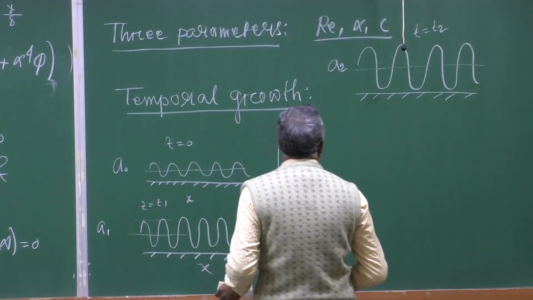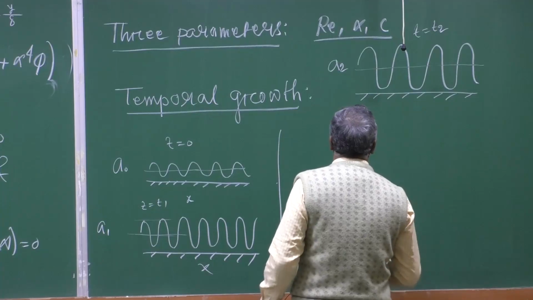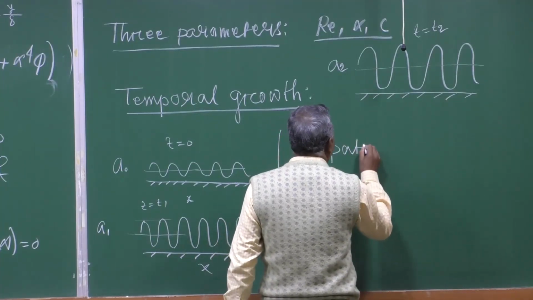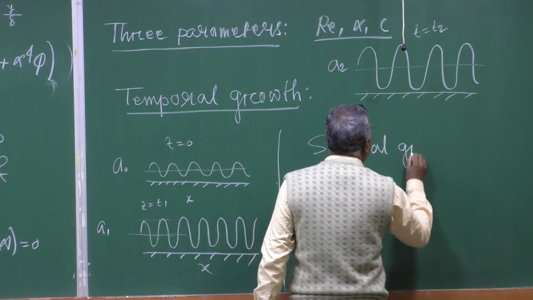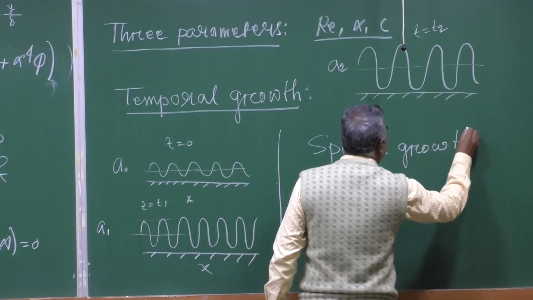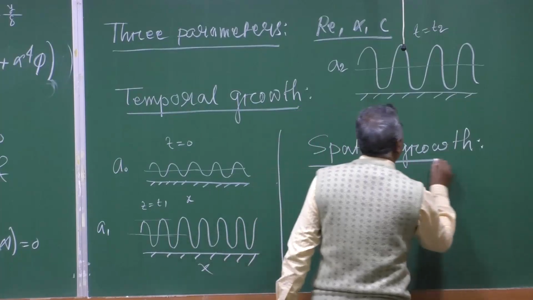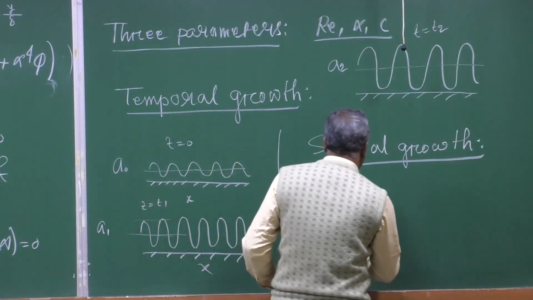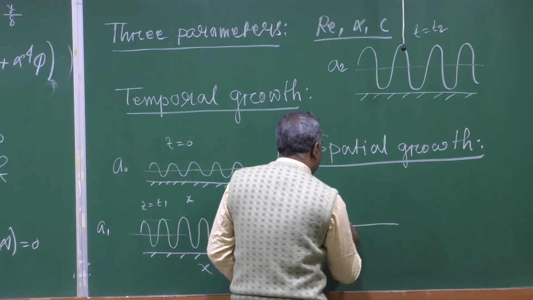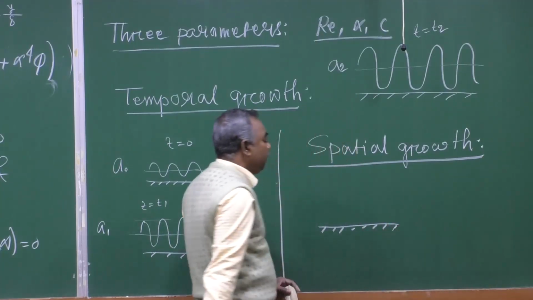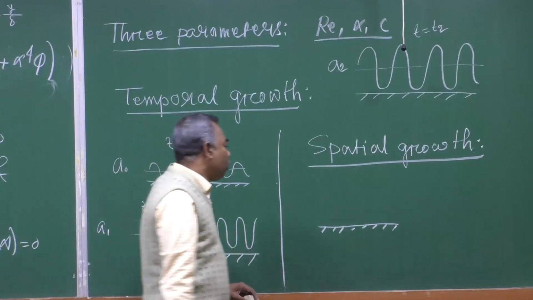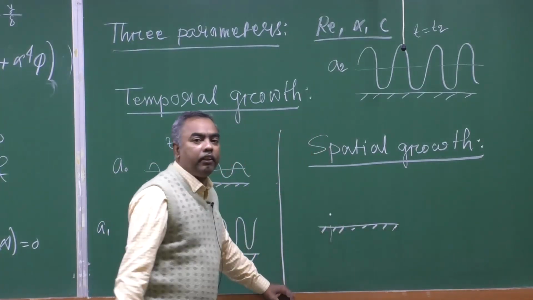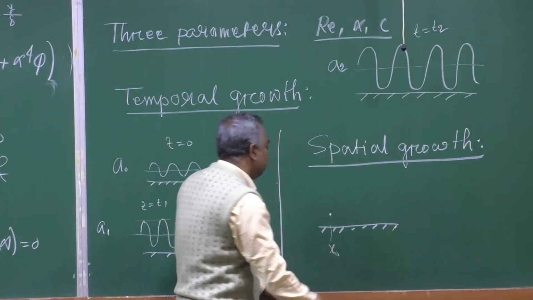Now, consider your spatial growth. Okay. So, spatial growth. Consider once again the same set of conditions, that is a flat surface over which let us say there is a wave at a particular x location. Let us say this is at x is equal to x naught.